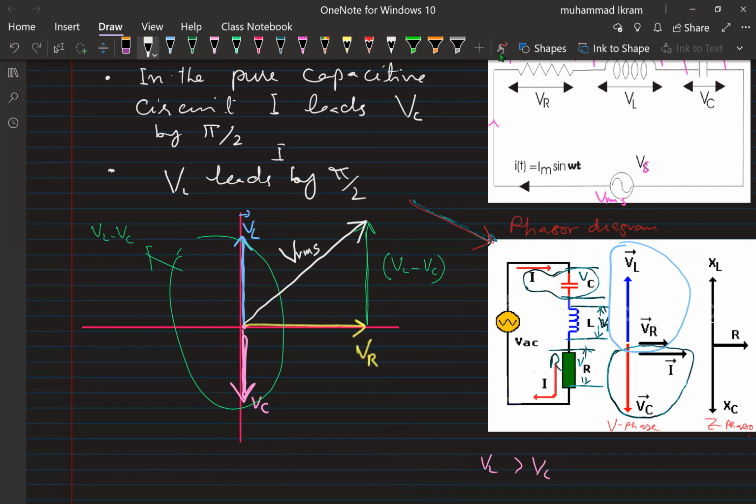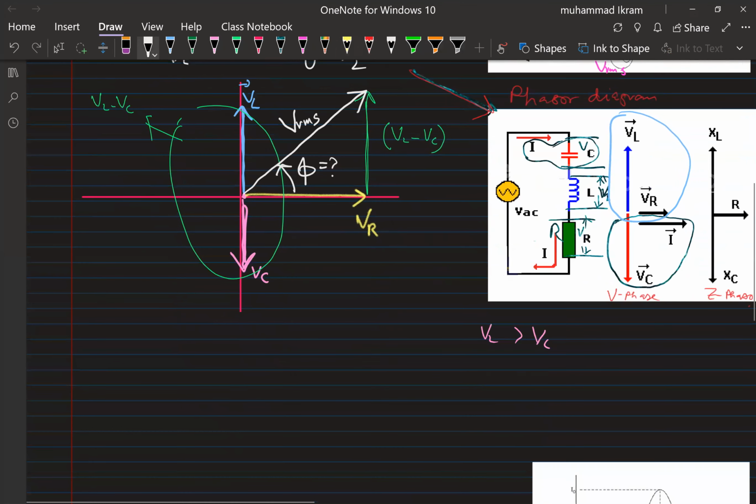I told you that in the circuit, the voltmeter or the meter measures only VRMS values. So for my convenience I will write the IRMS and the VRMS. This is the phase angle phi.